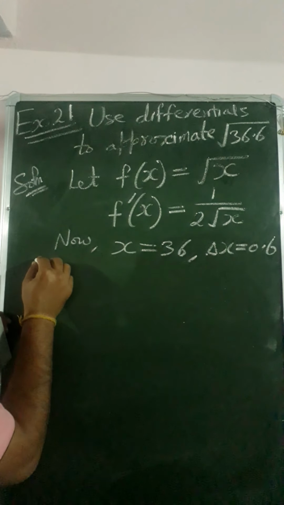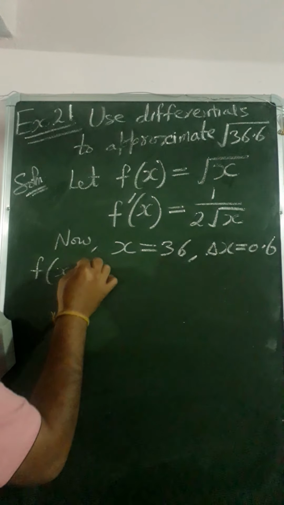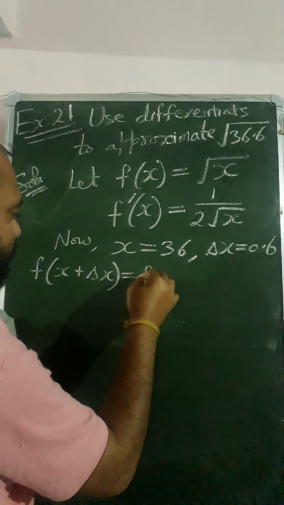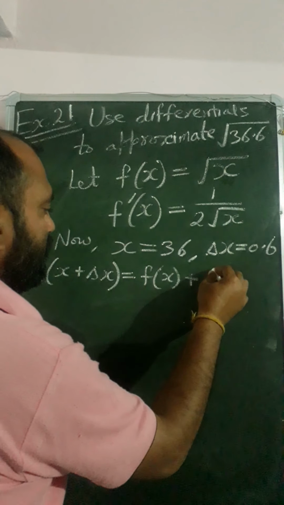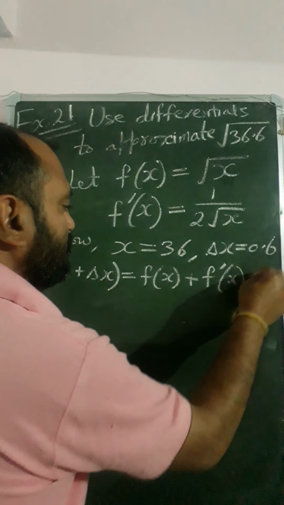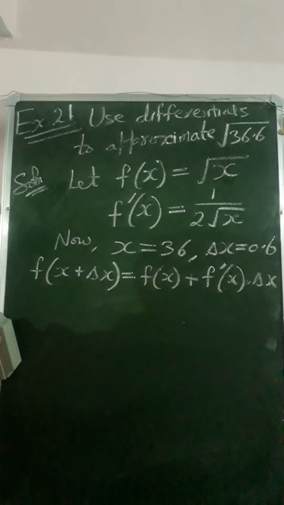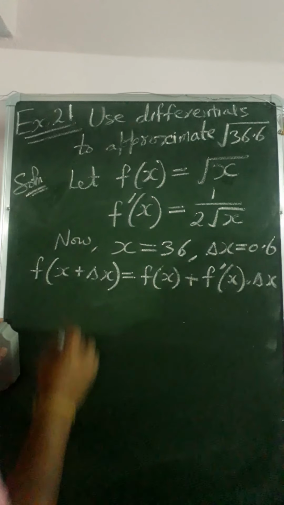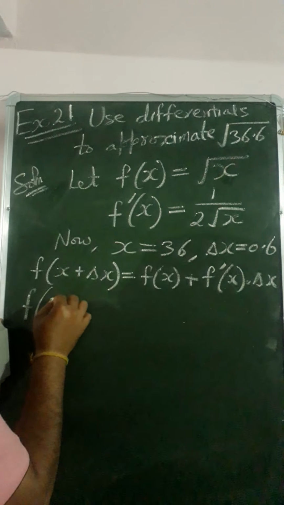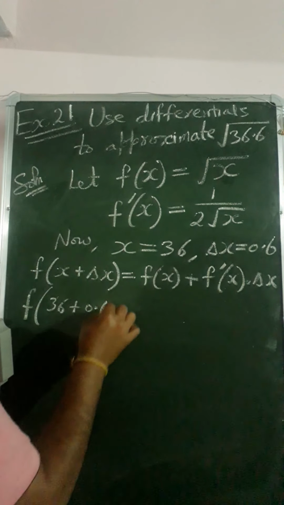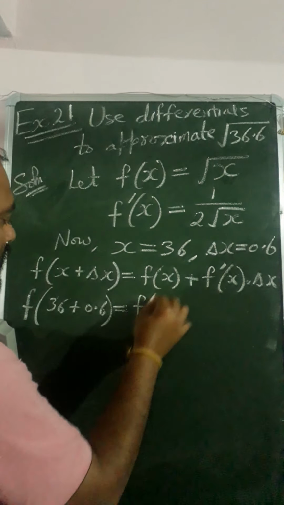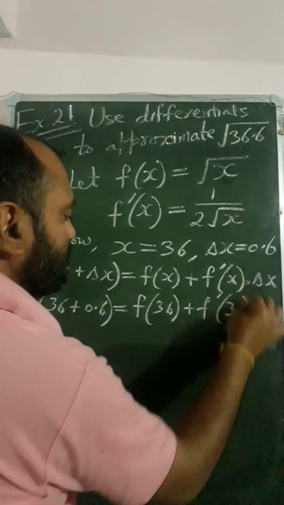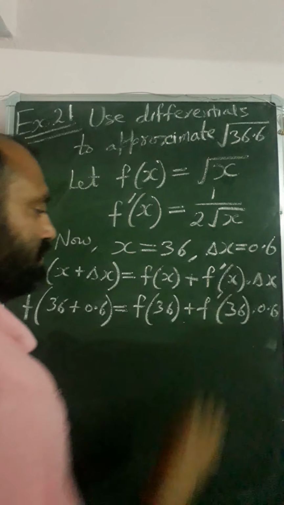Now you know the formula as we discussed: f of x plus delta x is equal to f x plus f dash x into delta x. Now put the values of x and delta x in this formula. We have f of 36 plus 0.6 equal to f of 36 plus f dash 36 into 0.6.